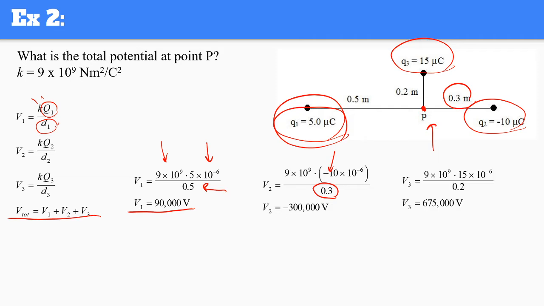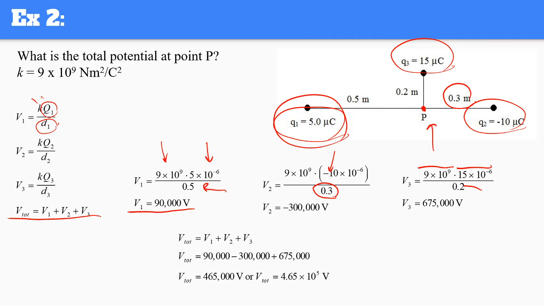If you look at the third charge, again you use k, its charge and the distance that it has, multiply all of the numbers and divide by 0.2, and you calculate 675,000 volts. Then we have found all of the potentials.